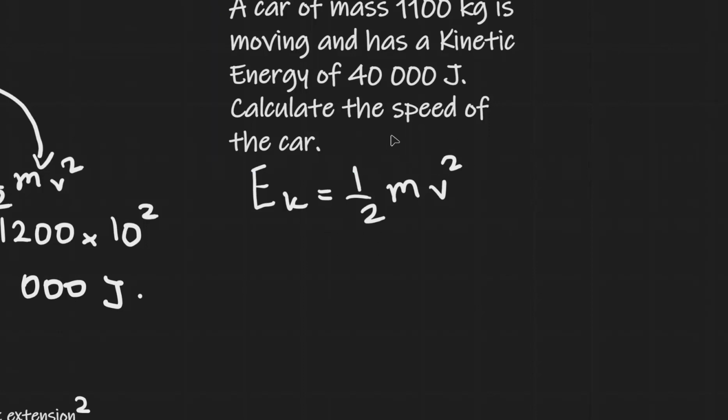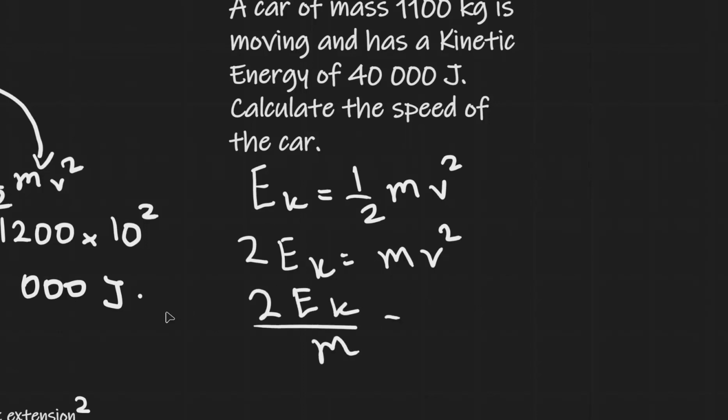The first thing I'm going to do is just get rid of this half, so I'm going to multiply both sides by 2, so I'm going to get twice the kinetic energy is equal to mass times v squared. Now let's divide by the mass, and we're going to get 2EK divided by m is equal to v squared. And finally, all we need to do is just square root this expression.